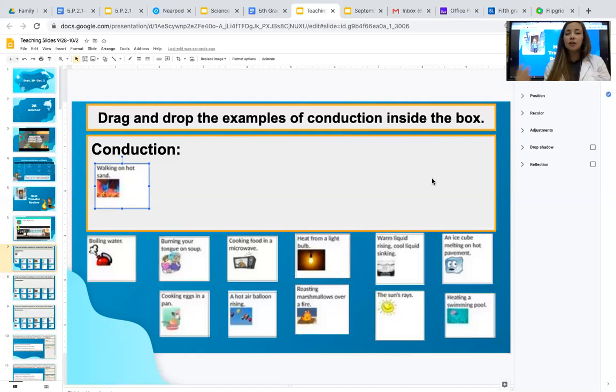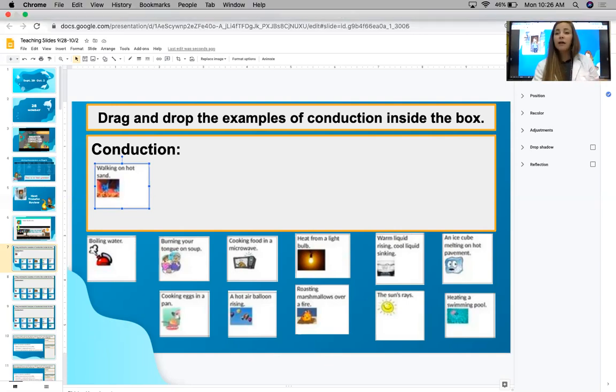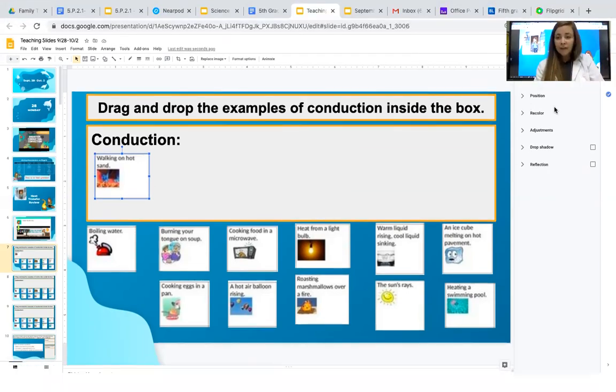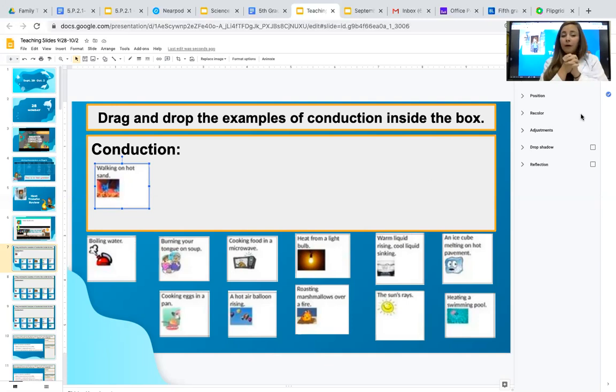So it doesn't tell us for sure that it's touching. But when we boil water, remember that the process that happens inside the pot is actually the hot water warming up and then rising and then cooling and sinking again. So it has that current or convection process. Since that one didn't give us more details, we can't put it with conduction, but can you give me another example?